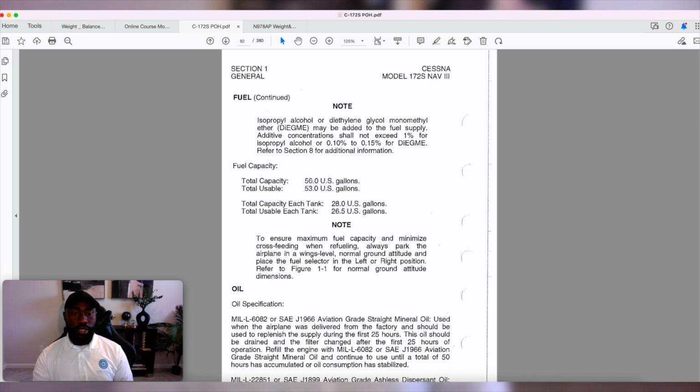It says the total fuel capacity here is 56 gallons and total usable is 53 gallons. So for the purpose of this tutorial, and just with the way the aircraft is designed, we'll be using 53 gallons, because I'm assuming the extra 3 gallons is already accounted for in the basic empty weight of the aircraft. So we'll use 53 gallons here.